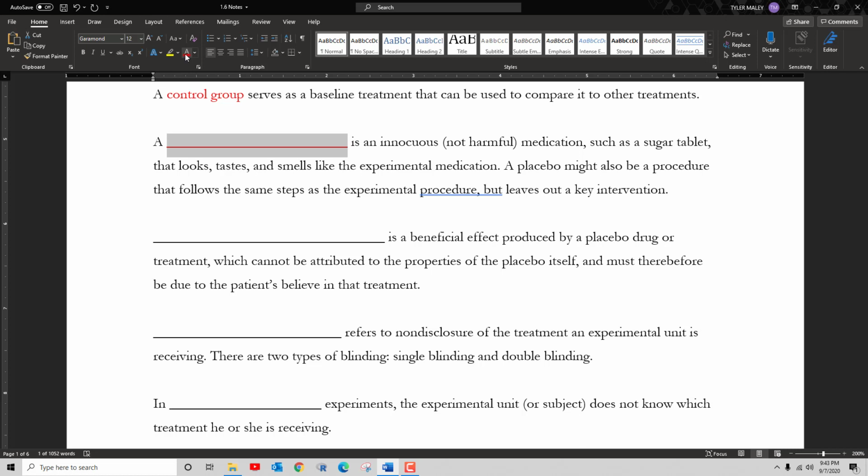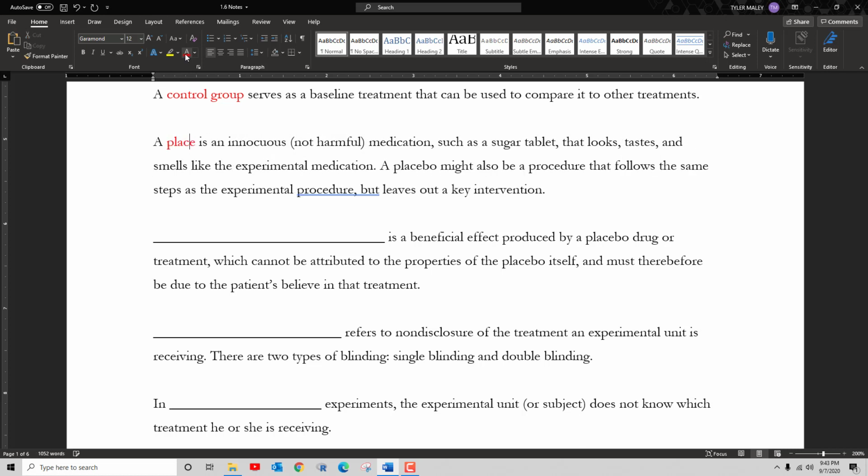So the next definition here, a placebo is an innocuous, and if you don't know what that term means, it's not harmful, medication, such as a sugar tablet that looks, tastes, and smells like the experimental medication.